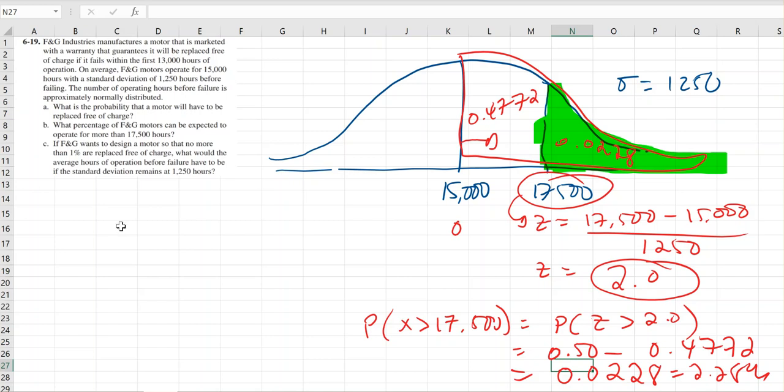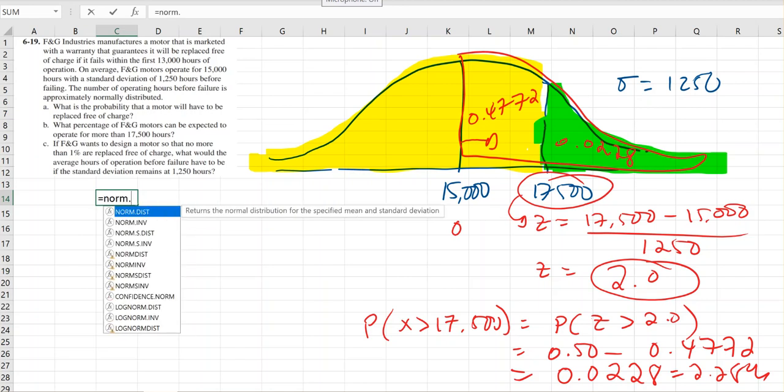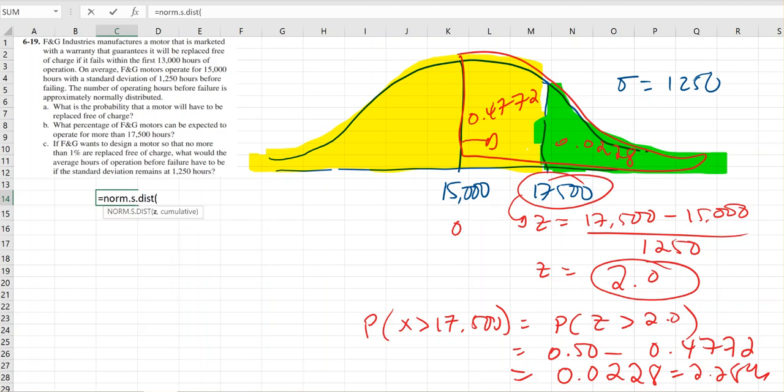If we use Excel, then we have to do this. First of all, we find the area, the yellow area, all the way from here to here, because that's what Excel gives you. From the left tail, rolling to the right. It gives you the entire yellow area here, right? But we're not looking for that, so we have to do it in a two-step process. Equals NORM.S.DIST, right, up to 2.0 standard deviations, comma 1 cumulative, or you can type true, and I know that's 0.9772.